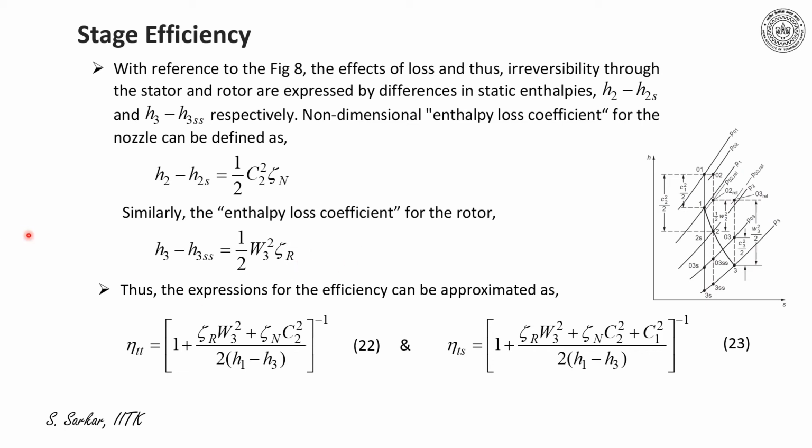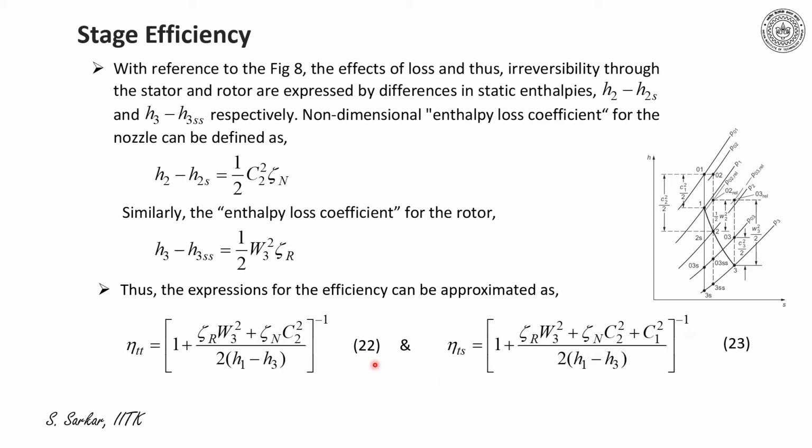After defining zeta n and zeta R, the expressions for efficiency of turbine, that is eta TT and eta TS, can be approximated as eta TT is equal to within bracket 1 plus zeta R into W3 square plus zeta n into C2 square divided by twice H1 minus H3, whole to the power minus 1, and eta TS, that is total to static efficiency, is equal to within the bracket 1 plus zeta R into W3 square plus zeta n into C2 square plus C1 square divided by twice within bracket C1 minus C3, whole to the power minus 1.